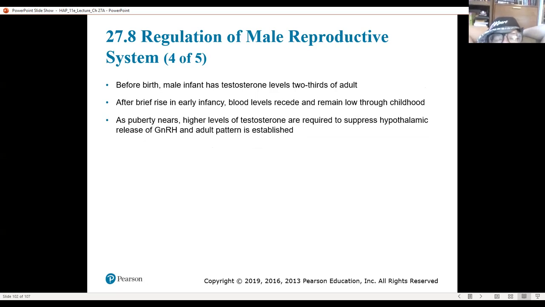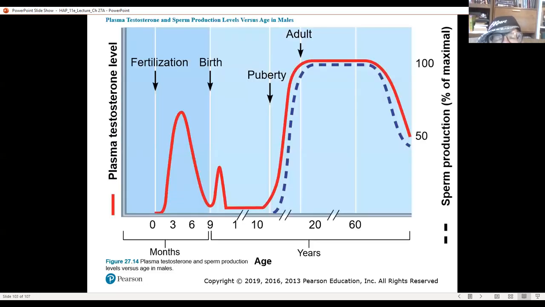When you hit puberty, the levels come up again. And remember, the hypothalamus wants to release gonadotropin releasing hormone and have you make lots of sperm. You need higher levels of testosterone to suppress this until you have an adult pattern. All right, so we got that going on.